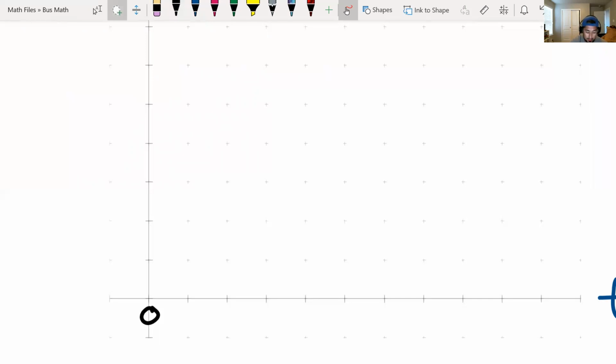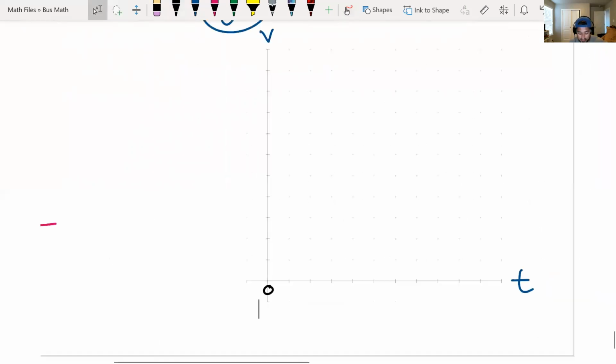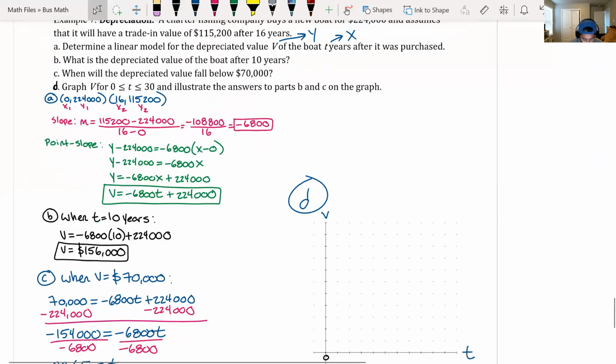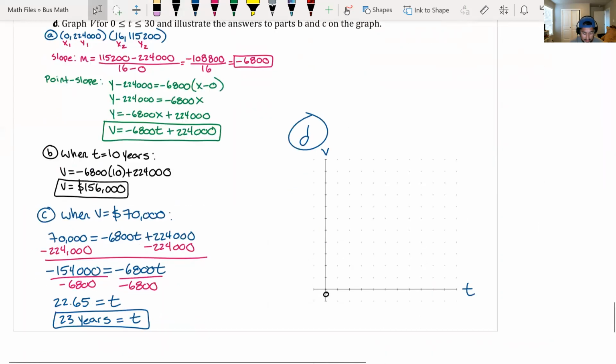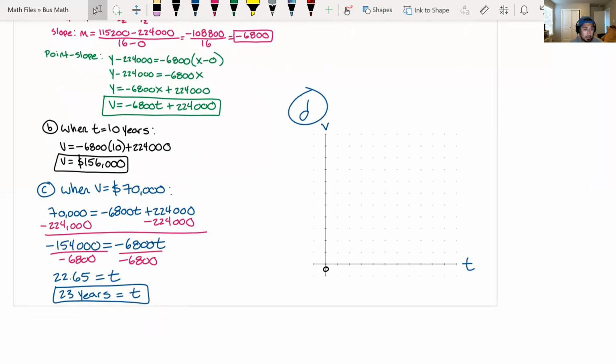Or actually, better yet, what numbers did we find already? Yeah, I can go by 5s. Because in 10 years, we'll be at 156. And then in 23 years, we'll be at 70,000. So yeah, I can go by 5s.